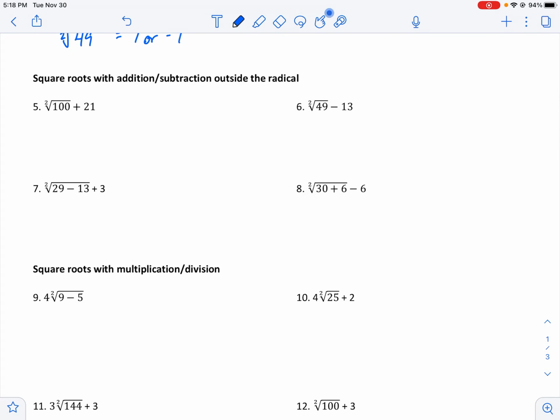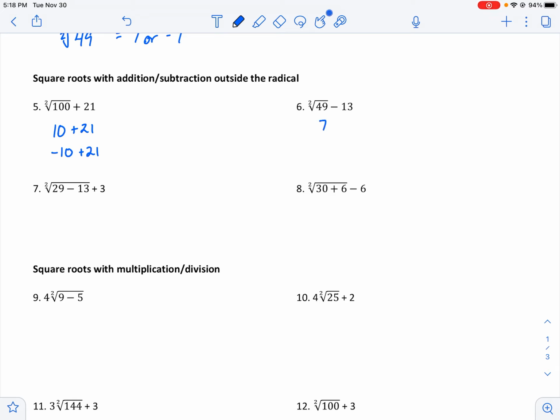For the addition or subtraction outside the radical, what you would do is take your square root first. So the square root of 100 is either 10 plus 21, or the square root of 100 could be negative 10 plus that 21. Same thing with 49.